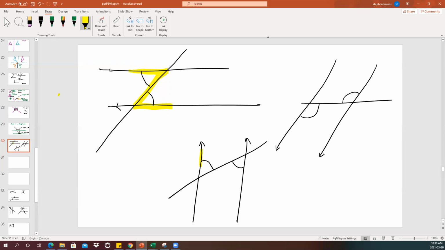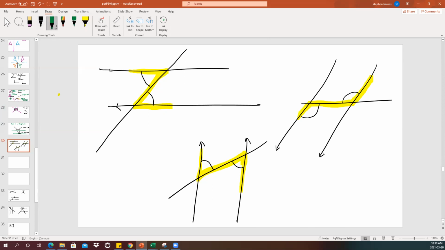In this case, our Z is right here, and in this case, the Z is right here. All right, so now we see why they're called Z angles.